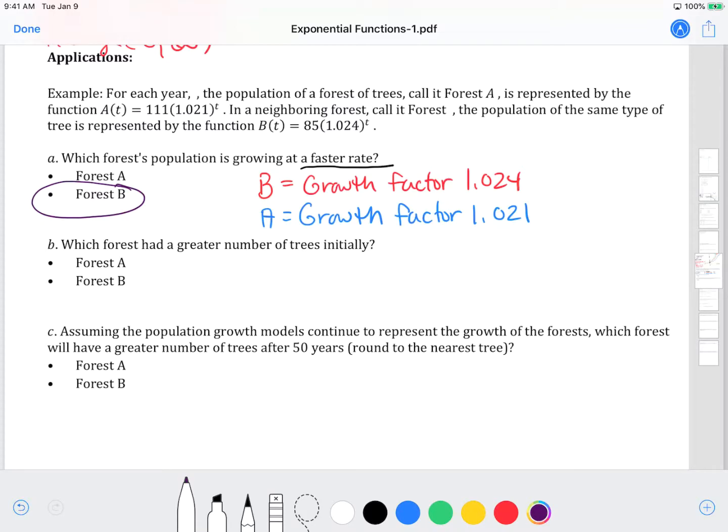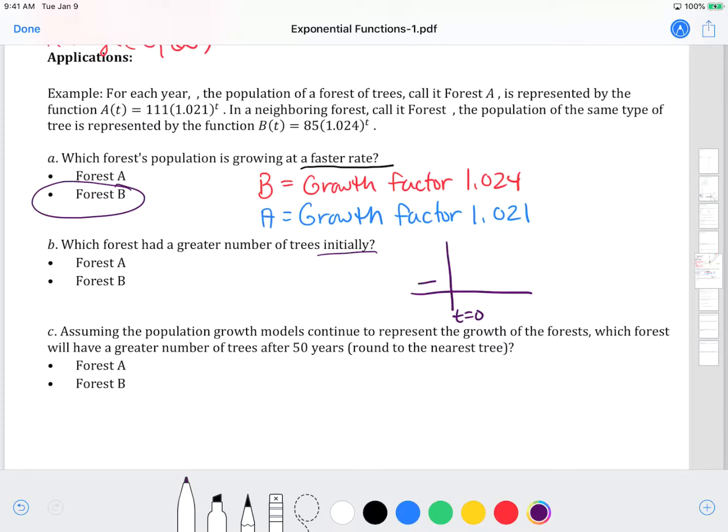For part B, it says which forest had the greater number of trees initially. Well, when we look at the graph, when t is equal to 0, we want to look to see what the corresponding y value is. How many trees do they have?